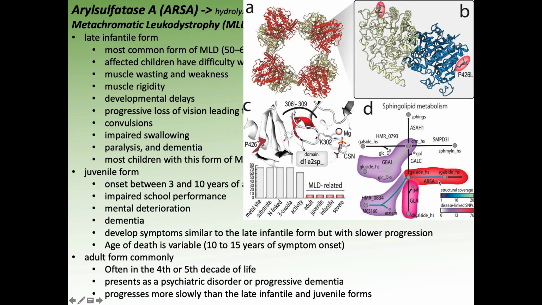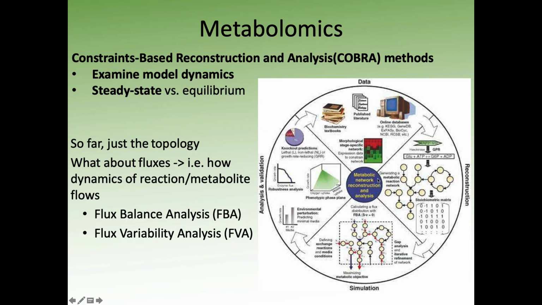So we can start to see how the folding and the three-dimensional structure of proteins, mutations, their location inside of a network all contribute to our understanding of a system and the biological processes associated with it.